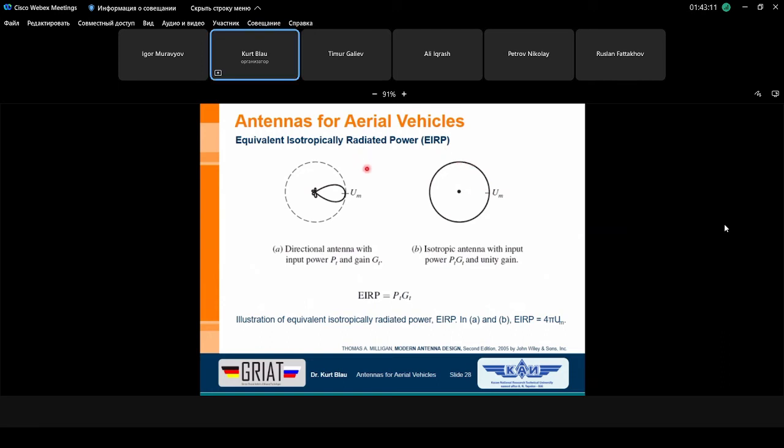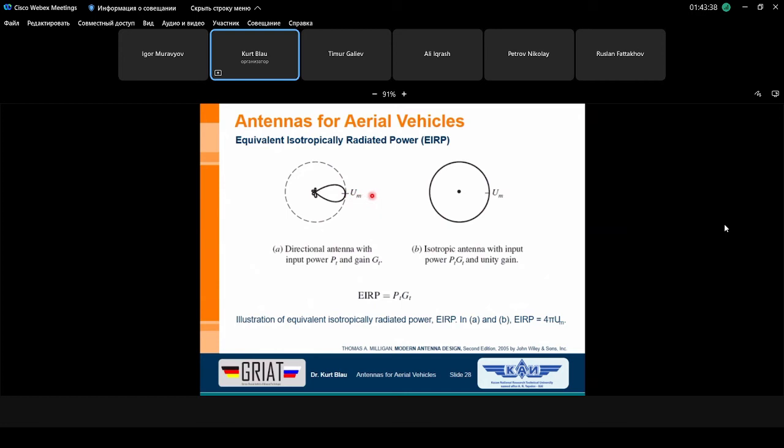So if I deliver now the 100 milliwatt to an antenna which has a gain of 4 in linear scale, it means the antenna radiates in free space 4 times 100 milliwatt, not in all directions, but only in this direction. In this direction, it delivers a power of 400 milliwatt.